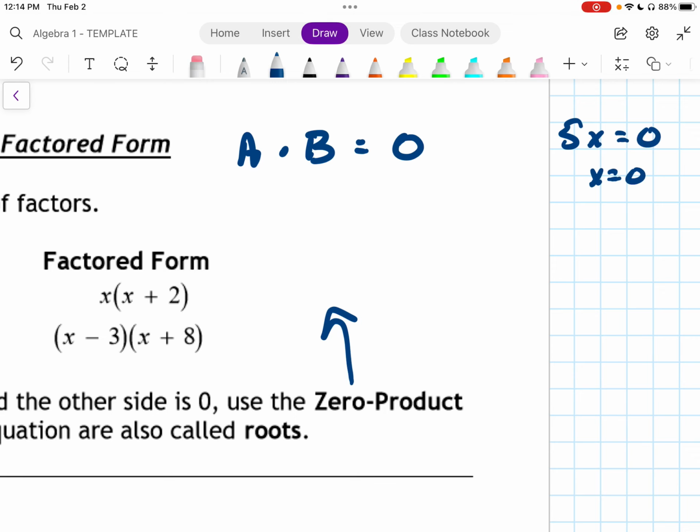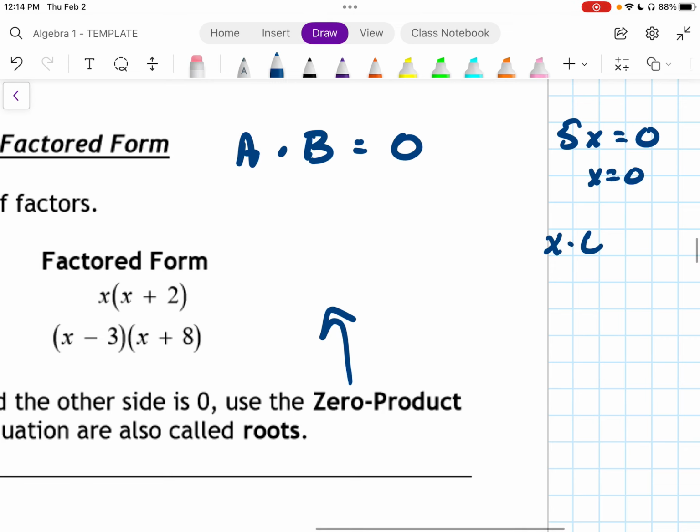If we had x times 6 equals 0, well, we know that x equals 0. If we have a times b equals 0, then we have that a equals 0 or b equals 0. So what we're going to be doing in factored form is we're going to be looking at the pieces being equal to 0, right? If one piece is, then we could also say, well, maybe the other piece is.